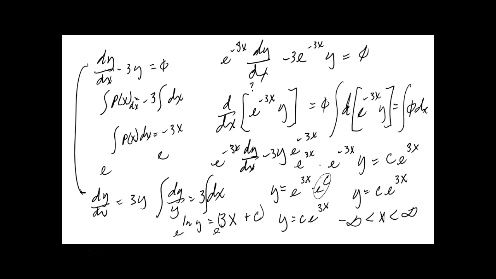So that's where we went from here to there, and since this is a constant, it's not the same c. We could have called that c1, so this would be a new c. But it's just a constant. e to the c is just a constant. Call it anything you want to. I call it c.